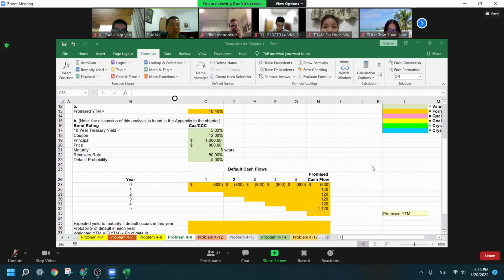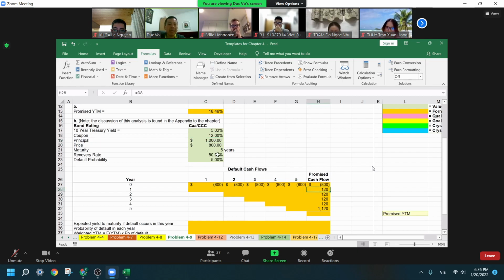Two things. The first one is 50% of the coupon payment, which is 120, and 50% of the face value, which means 1,000. So put it this way: if the bond defaults this year, you will get back 50% of 1,000 and 50% of the coupon payment.